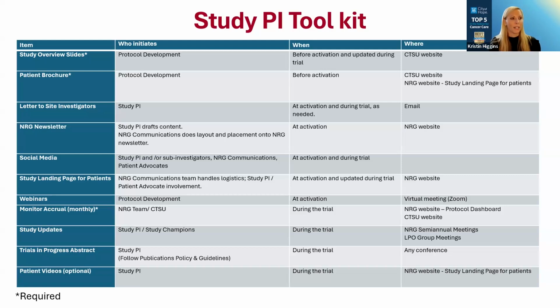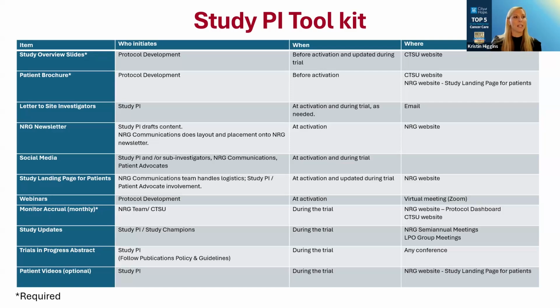The second component is a patient brochure that's created by the protocol development team and also lives on the CTSU website that really is a very plain English, patient-friendly way to present the trial so that patients can take it and share it with their caregivers and things like that. That's a little bit less, I would say, easier to read than a consent form, for example.